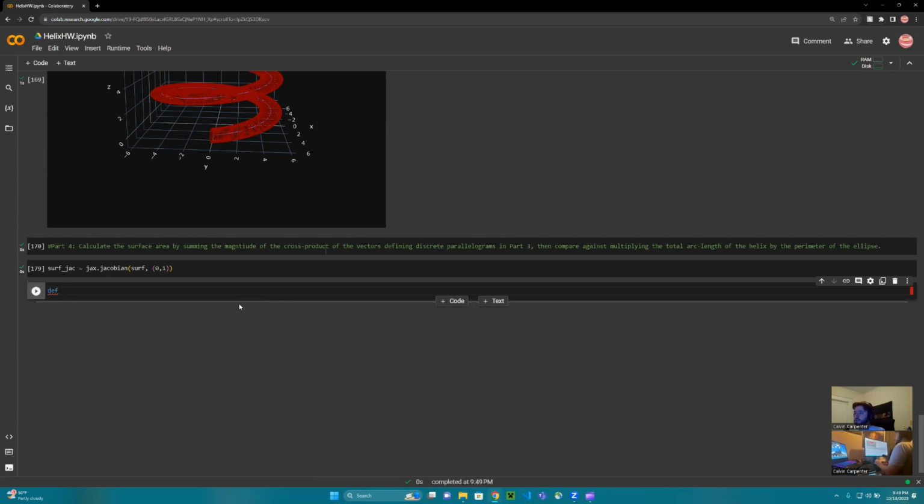So now we're going to create a function for the cross-sectional area. So surf dA for the area in terms of s and theta.